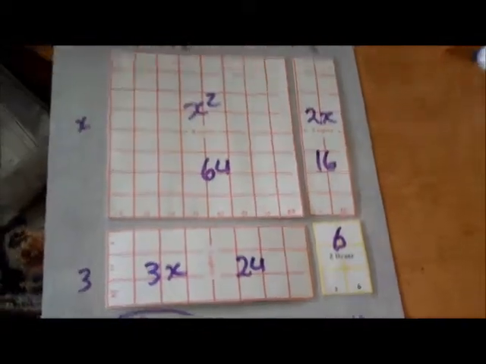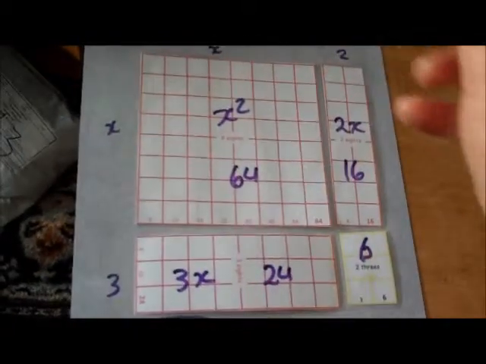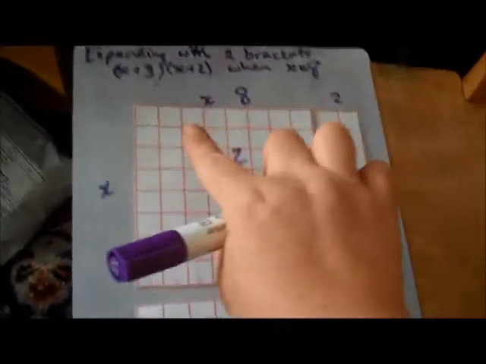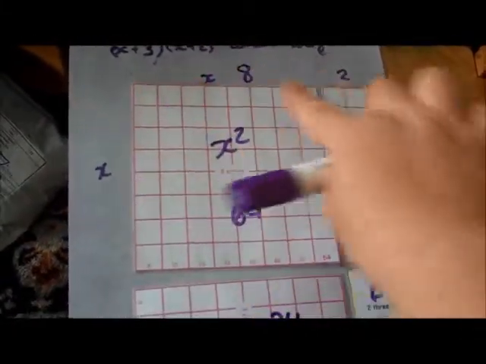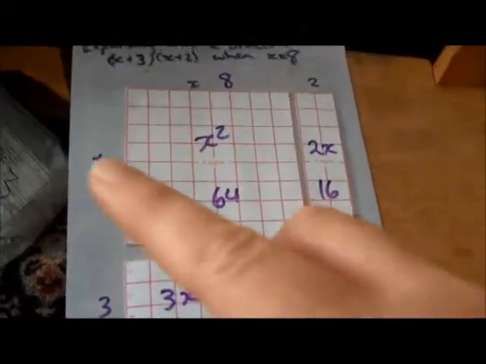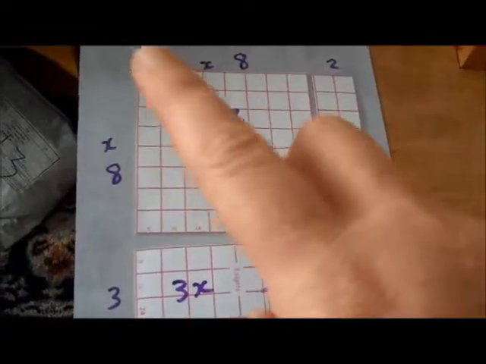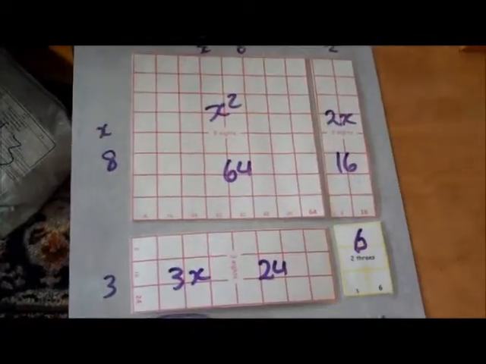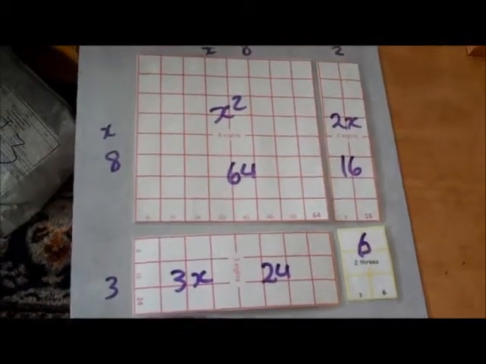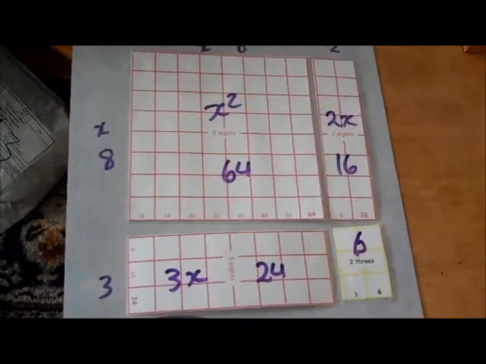And when you think about it, if x is 8, this would be 8 across here, so it would be 10 across the top, and 8 plus 3 is 11, and 11 times 10 is 110. And it works for any value of x.